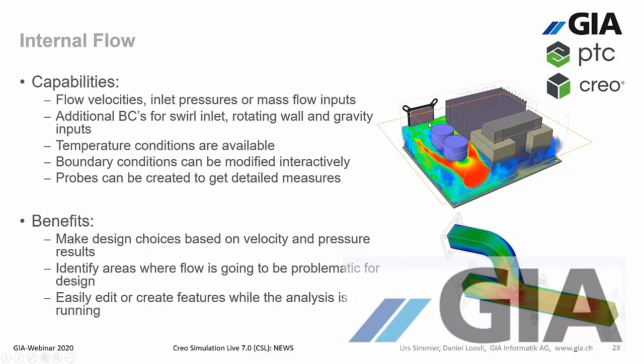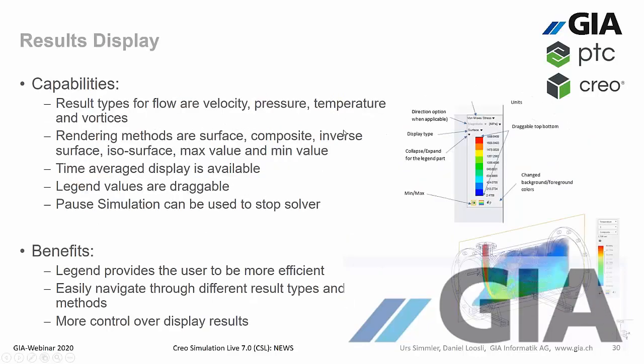Quite important is also, let's say, analysis, combined analysis of flow and thermal capabilities. You'll see that this is quite easy to handle, or very easy to handle within Creo Simulation Live. And the display of the results, it's incredible.